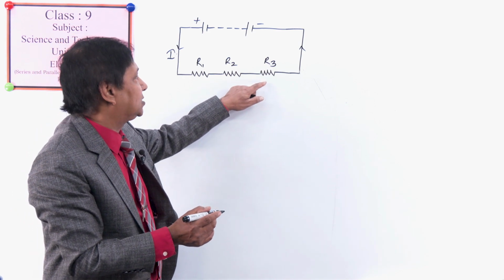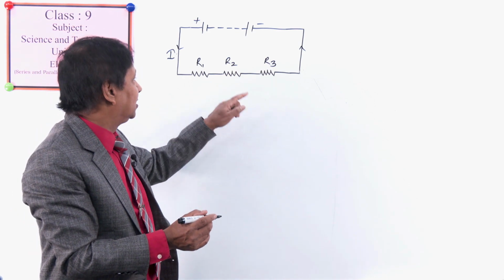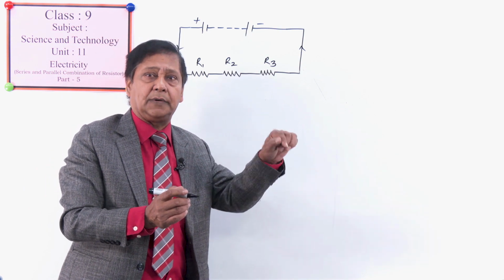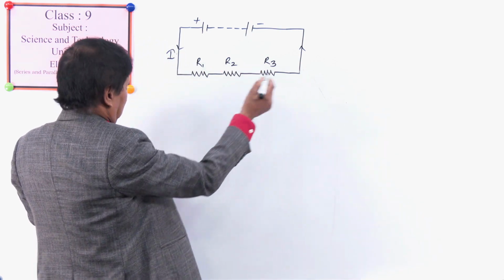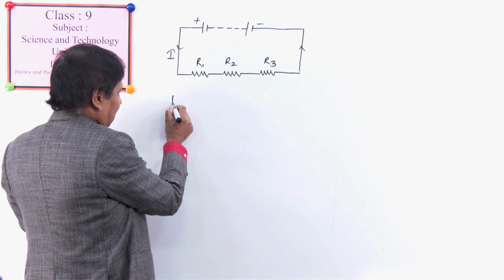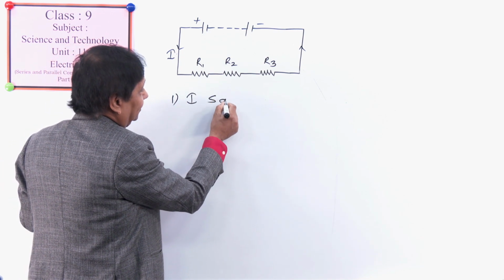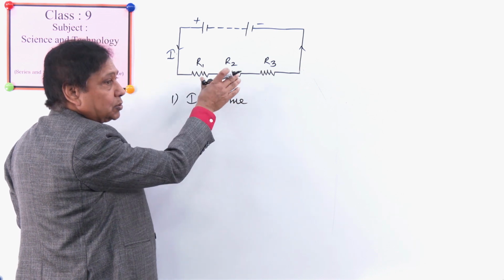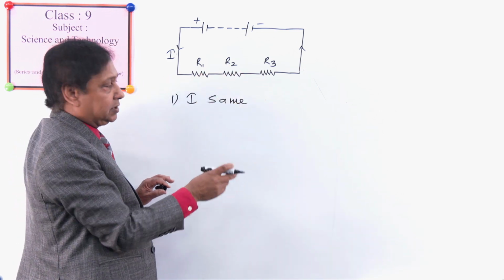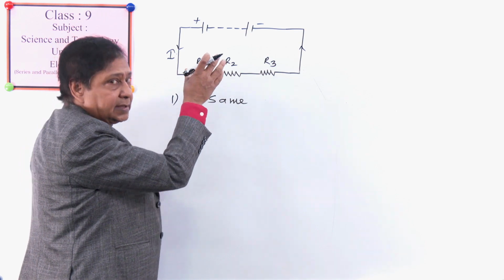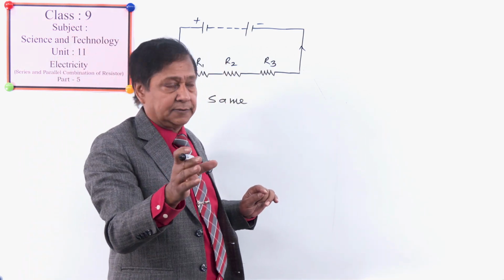The same current passes through R3 also, because there is only one path for the flow of current. That's why in this combination we can conclude that I, that means current, remains same. The same current flows through each of the resistors. This is first characteristic of series combination of resistor.